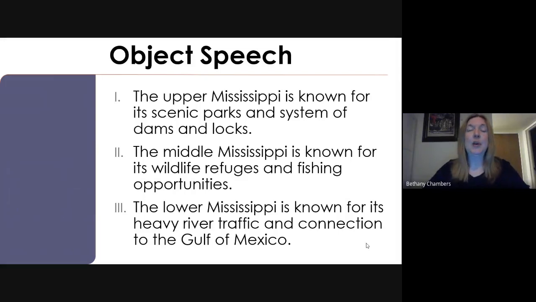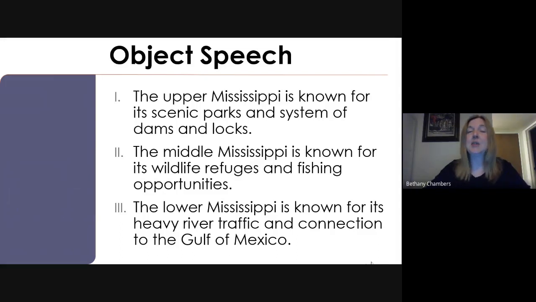So when you would put your main points together about the object speech, you would potentially have your first main point be the Upper Mississippi is known for its scenic parks and system of dams and locks. And then as a second main point, the Middle Mississippi, so we're talking about the sections, is known for its wildlife refuges and fishing opportunities.